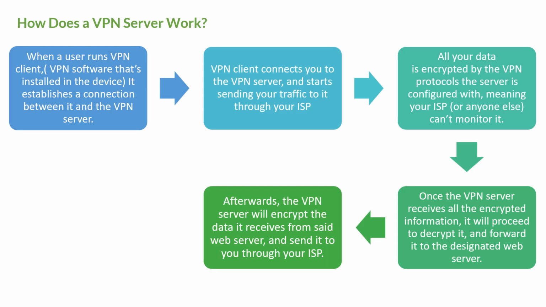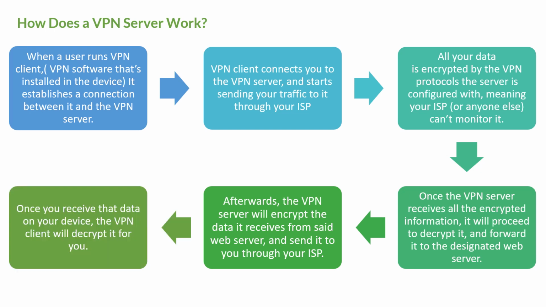Afterwards, the VPN server will encrypt the data it receives from the web server and send it to you through your internet service provider. Once you receive the data on your device, the VPN client will decrypt it for you. So these are the things that happen within the VPN network, where the VPN server plays a major role.